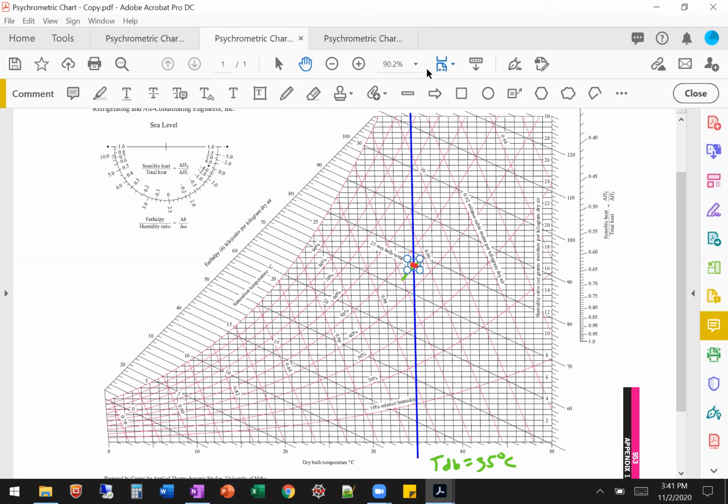Okay, so then from that, our process was the specific humidity stayed the same, which is our horizontal line right here.